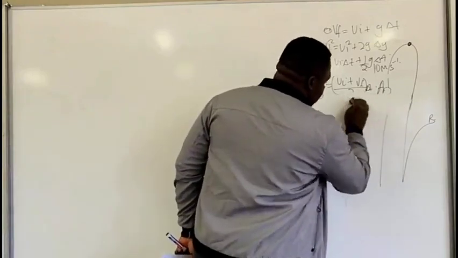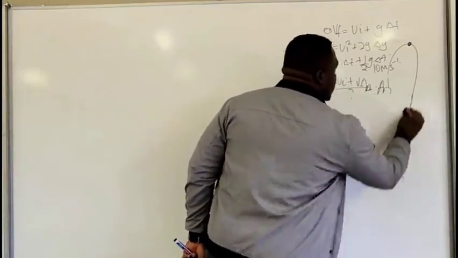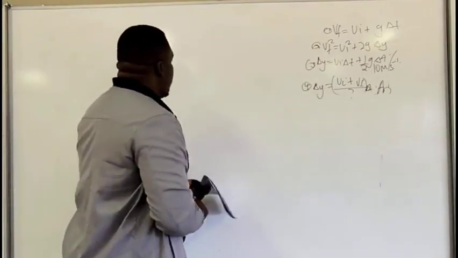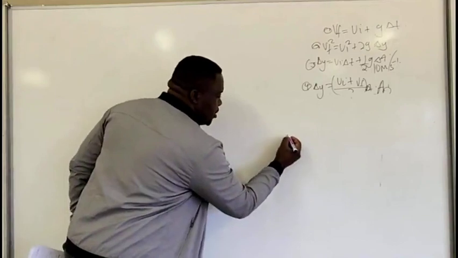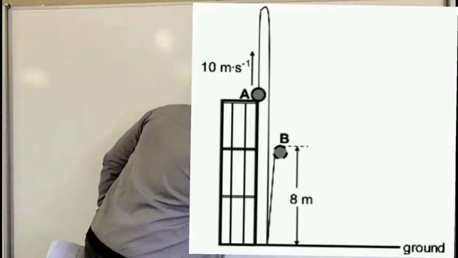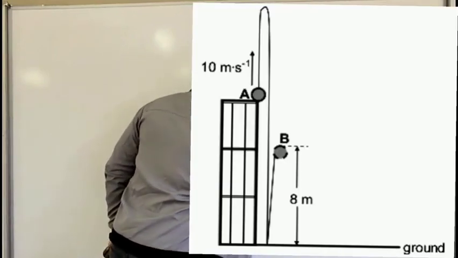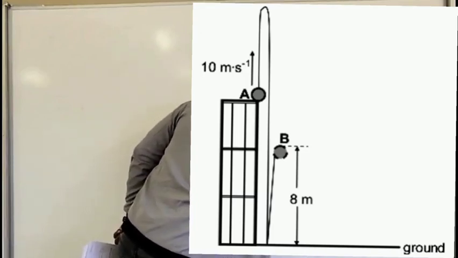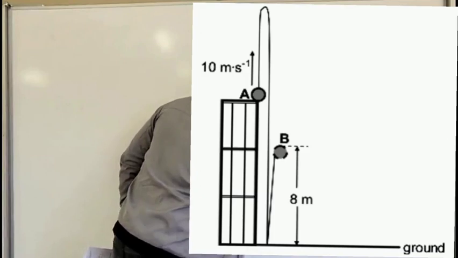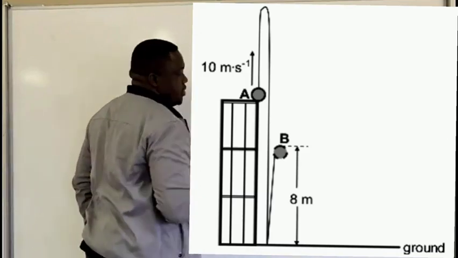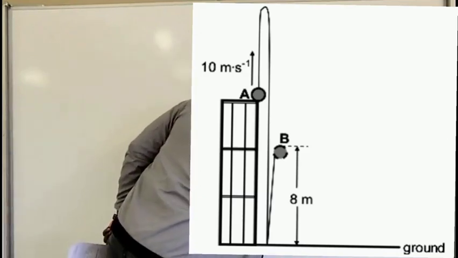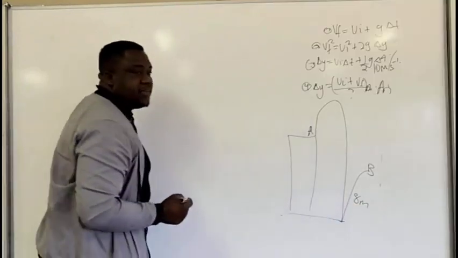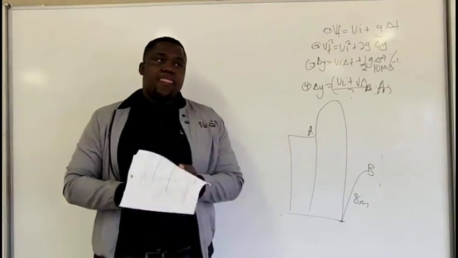Let me just draw my scenario on the side because I want to use it to demonstrate. Let me draw that building. Here is the building. A ball is projected up, the ball went up, the ball hit the ground and returned to point B. So this is point A. Can we say that the distance from the ground to point B is 8 meters? So that is the question.